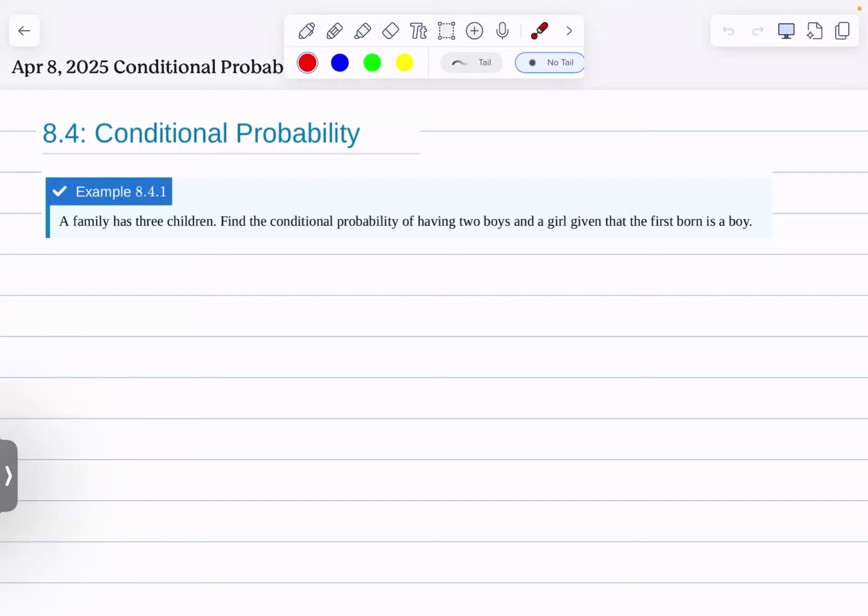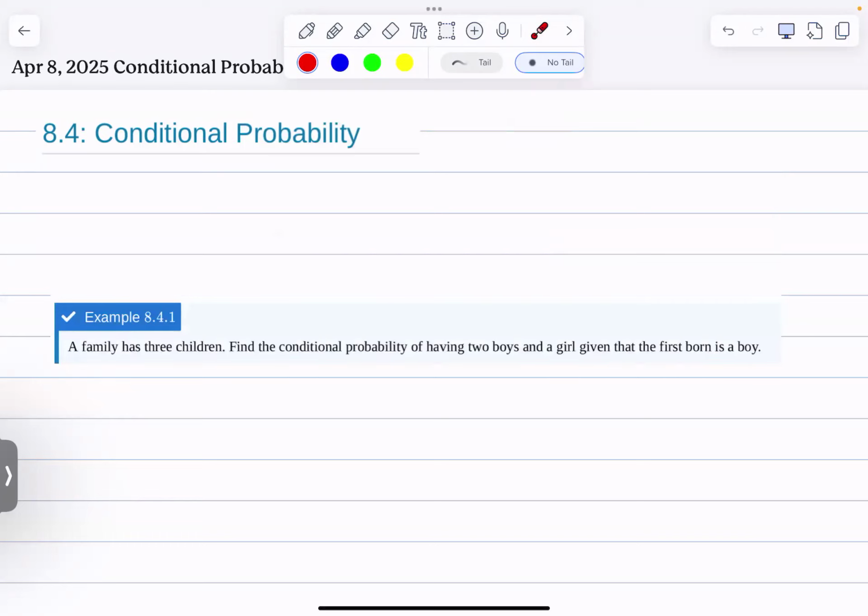If 3 of those kings have already been played, now you have 3 less cards, so 49 cards, but you only have 1 king. And so now that probability is affected by what's already happened.